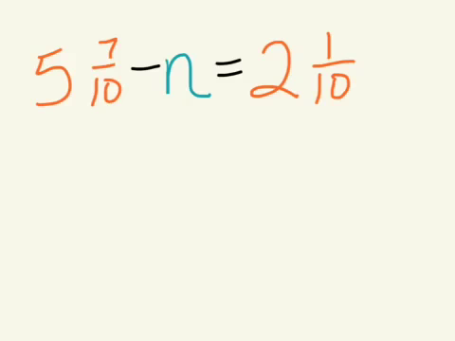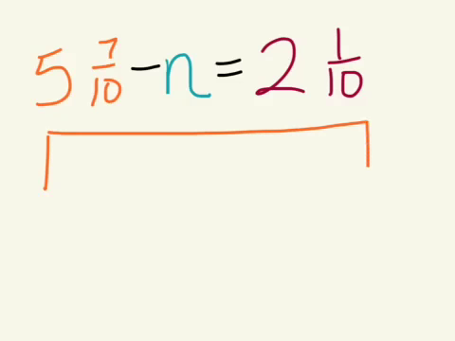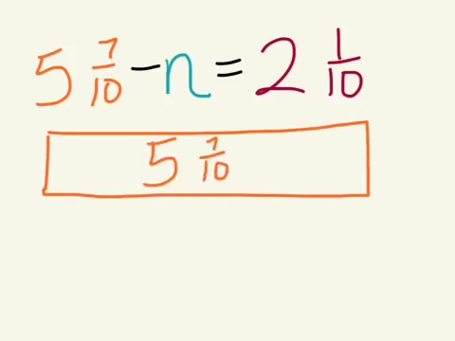If we were to draw this as a bar model, it would look like this. Trey started with 5 7/10. We know that he ate a certain number, but we don't know how many. So that number is part of the original. It makes up part of it. And the other part is the 2 1/10 that Trey has left over.